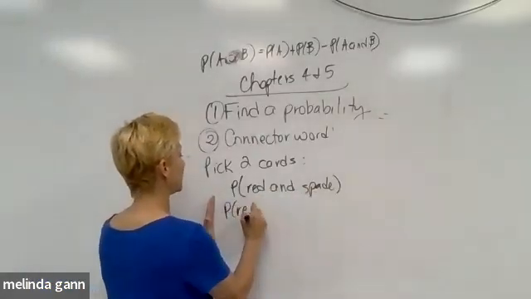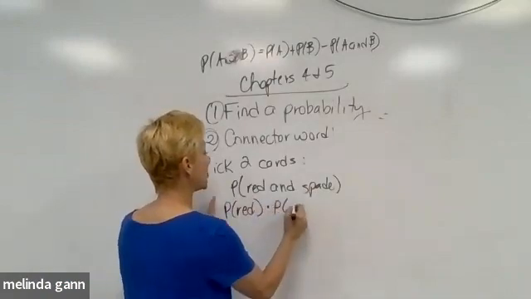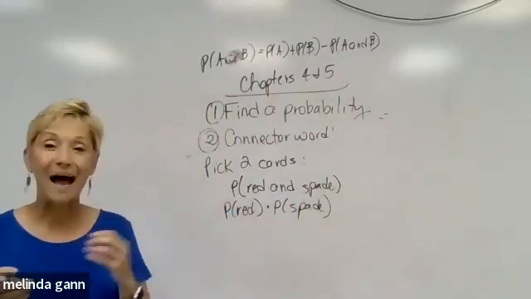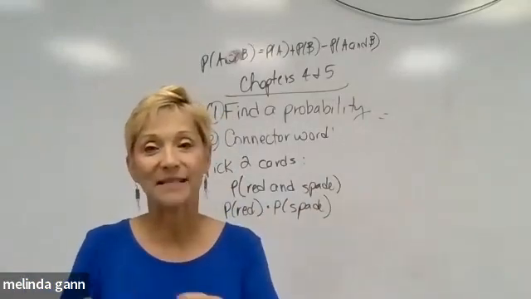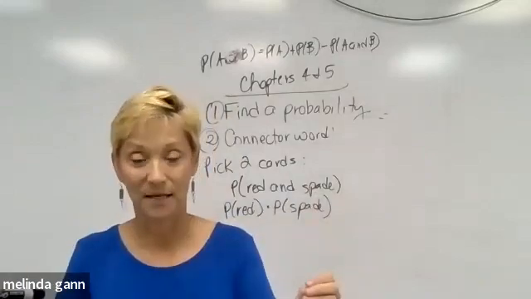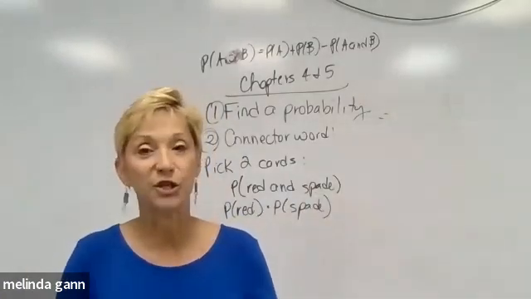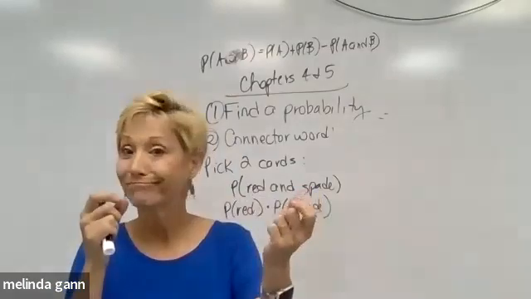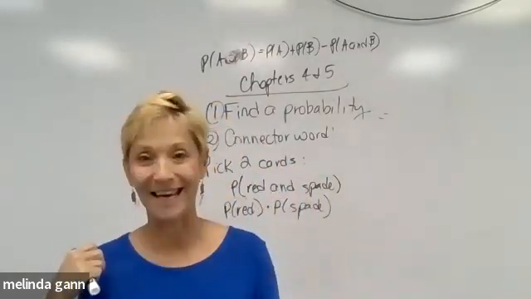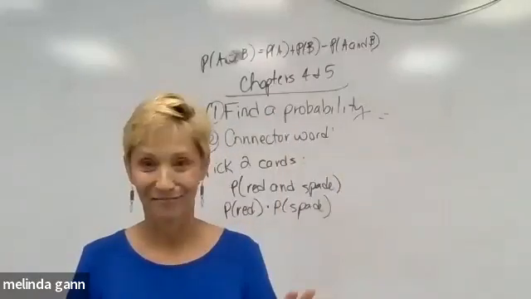So that'd be the probability of the first thing times the probability of the second thing. But the way I'm going to phrase it on your test, I'm going to say with replacement, or I'm going to say without replacement. With replacement means you would pick the first card, write down what you got, and then put it back before you picked again. Without replacement means once you pick it, it's gone.